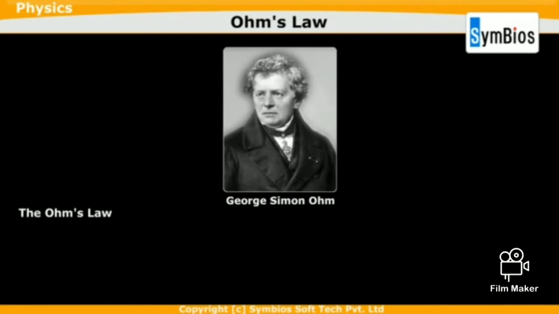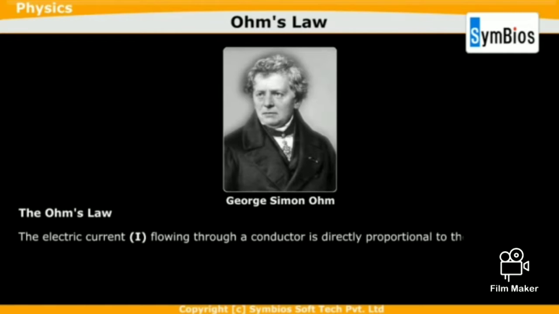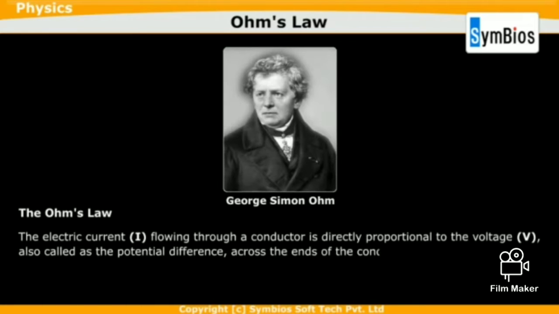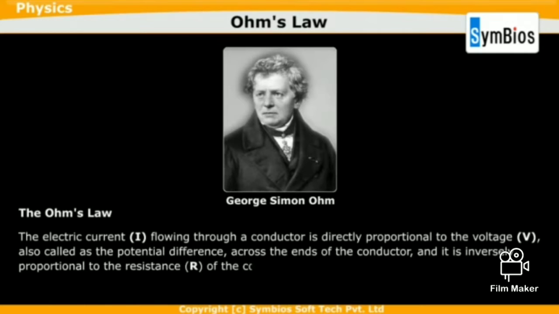Ohm's law states that the electric current I flowing through a conductor is directly proportional to the voltage V, also called the potential difference, across the ends of the conductor, and it is inversely proportional to the resistance R of the conductor, provided the temperature of the conductor is constant.